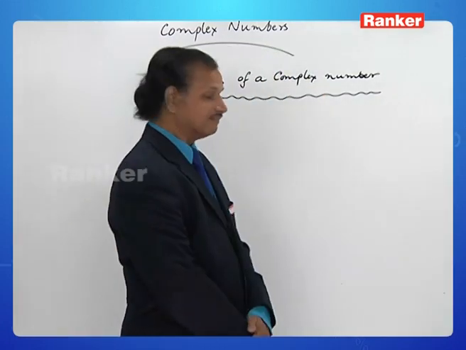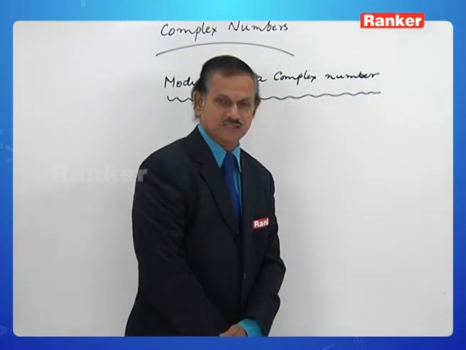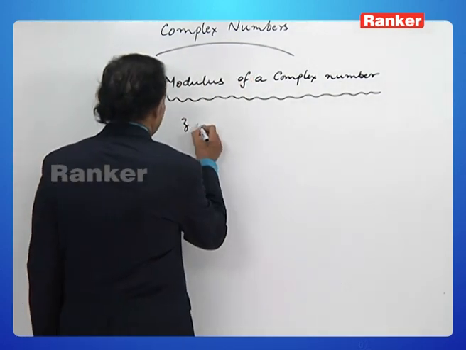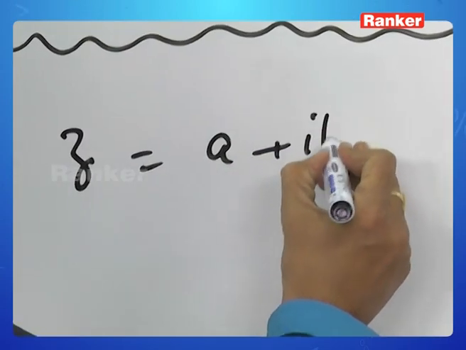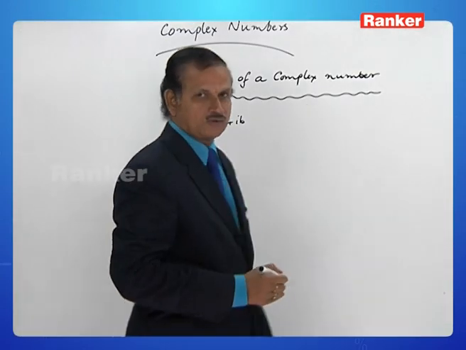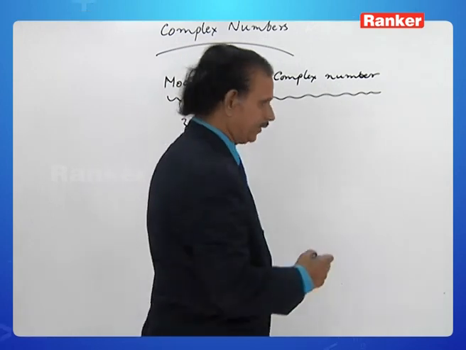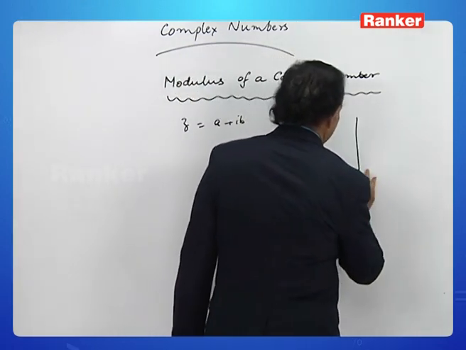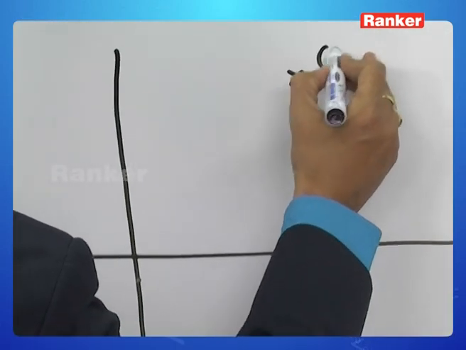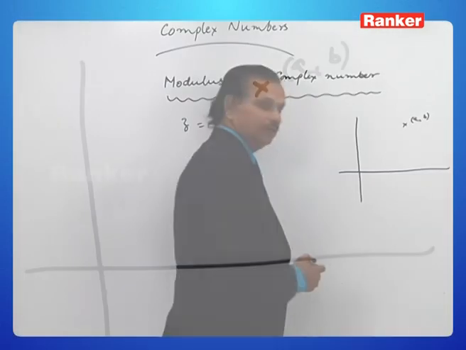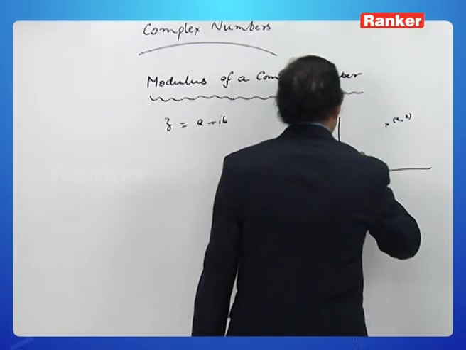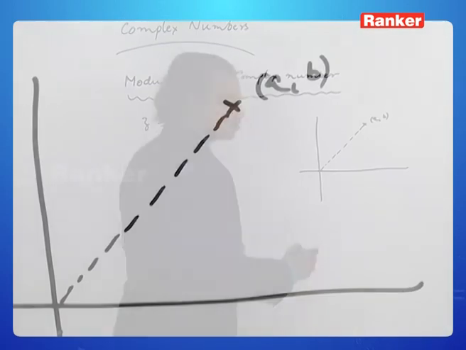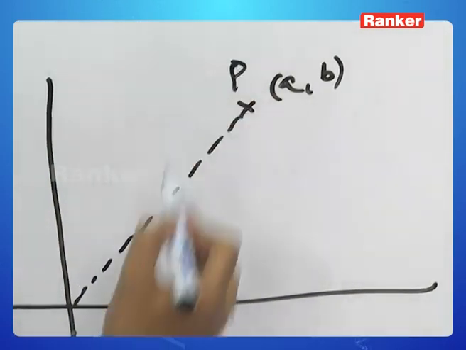Now, let us turn towards the set of complex numbers. Suppose we have z equal to a plus ib, a complex number before you. As we have just noticed, a complex number z can be taken as a point (a, b) in the Argand plane. What is the distance of this point from the origin?